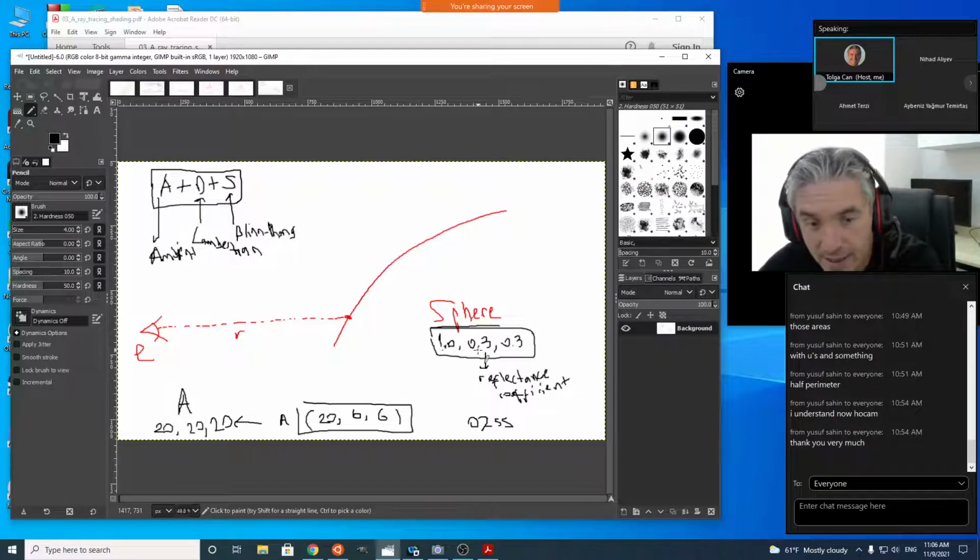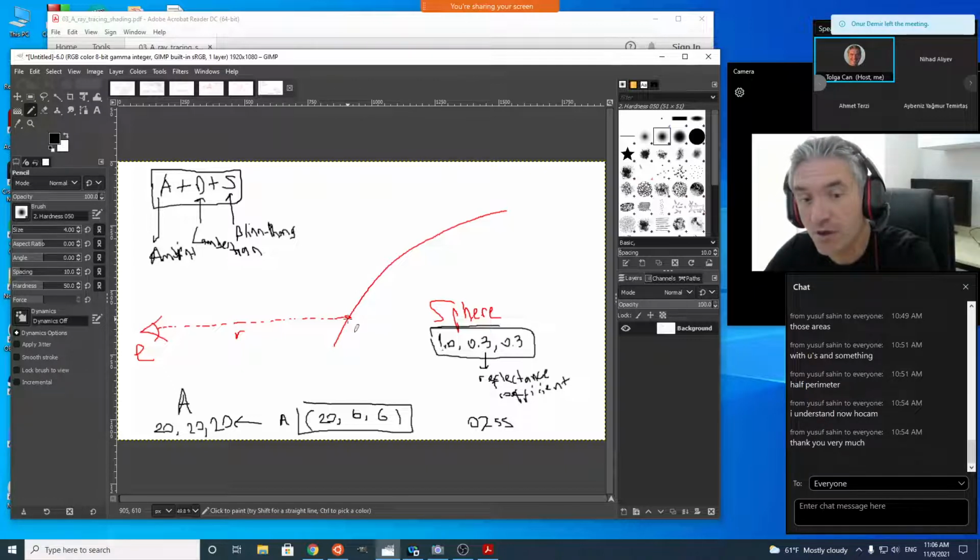Okay, and the color model that we're applying is an additive model. So whatever contribution we get to this point from any component of the model or from any other light source is going to be additively applied to the color we compute here.